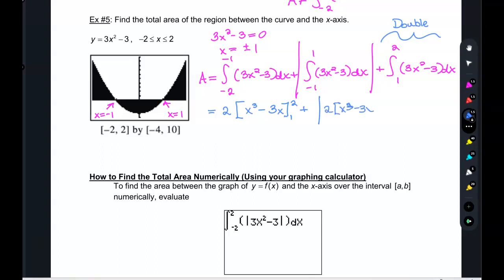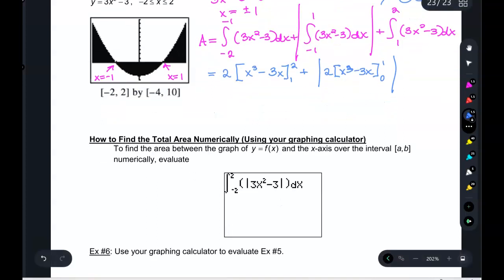We'll get used to this because in the next chapters, chapter 7 and 8, when we work with areas, anytime there's symmetry, you want to make it as simple as possible. So you want to double areas whenever you have that symmetry. Okay, now let's evaluate it.